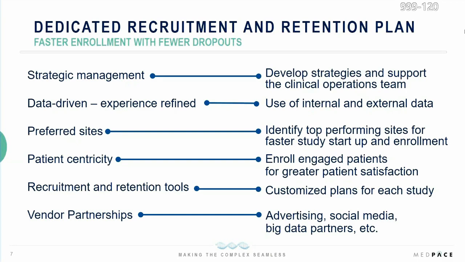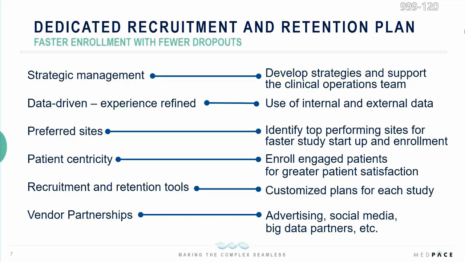You're using your internal and external data resources during the feasibility process to identify where the patients are and also where the sites are. You're identifying your top performing sites because you know that these sites will have faster enrollment and startup timelines, and they're your key sites that you've used in the past to actually enroll patients.